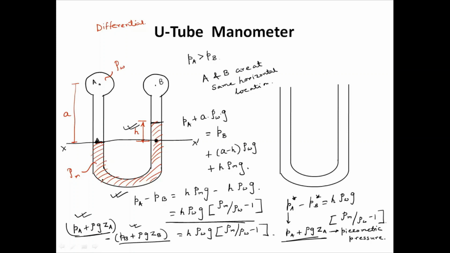In both cases, if the depression is the same, the result is the same. If both points are horizontal, ZA is equal to ZB, so this will be cancelled and the pressure will come. If A and B are not at the same level, it will come in this way. So this is the consideration for the differential U-tube manometer.